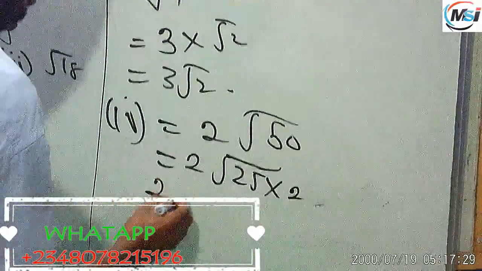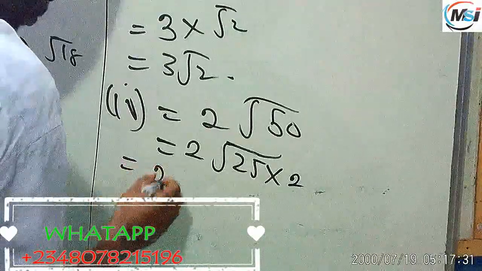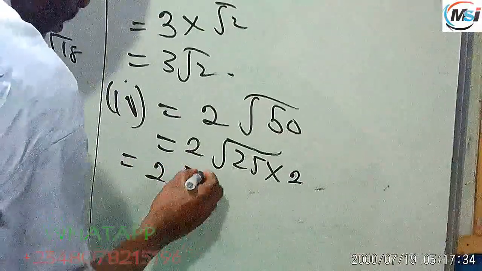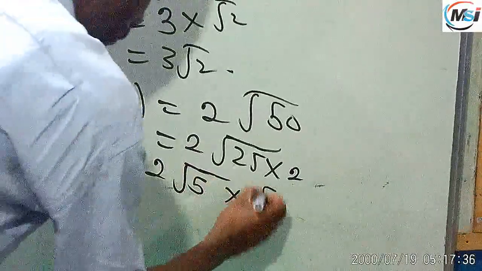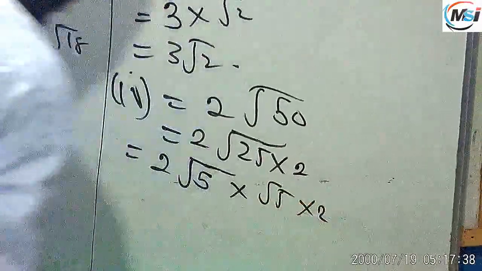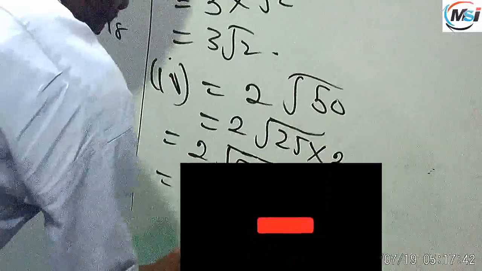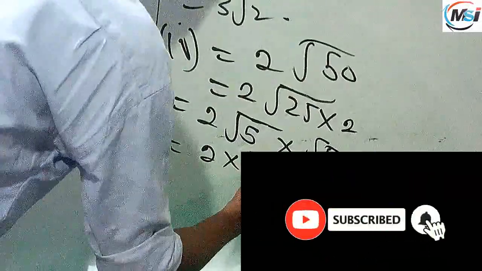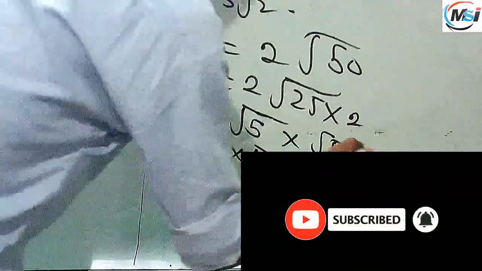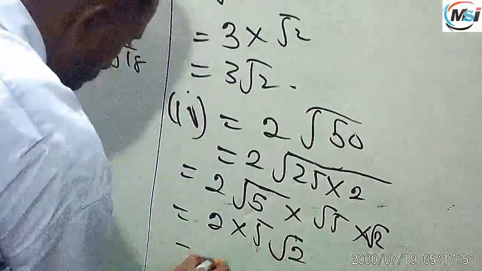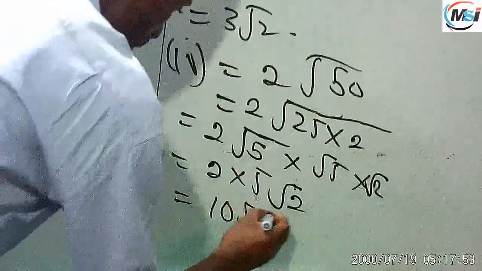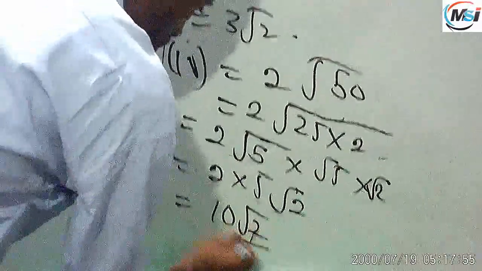Then the root of 25 gives you 5, and we are left with root 2. Root 2 is part of it. So 2 times 5 gives 10, and our final answer is 10 root 2.